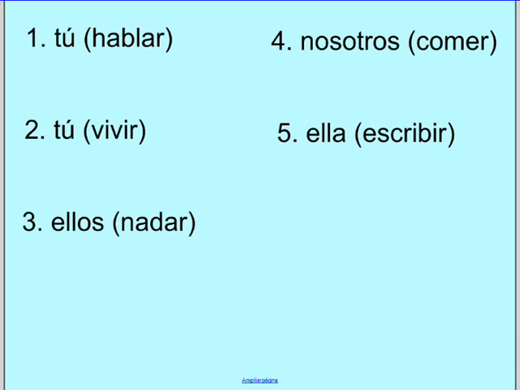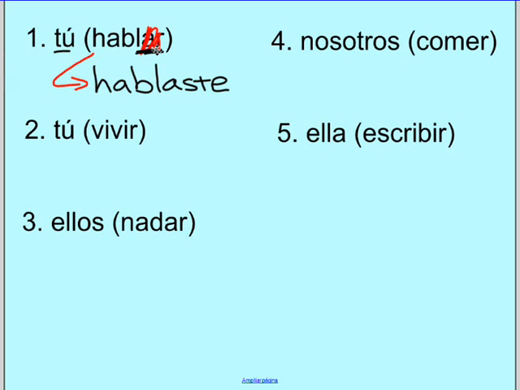Okay, so let's take a look at the answers for our practice problems. For number 1, we have the verb hablar. Remember, the steps are that we count 1, 2 letters from the end, eliminate those letters, copy the stem, remember that it is an AR verb, so we use the AR endings for the tú form, which gives us hablaste.